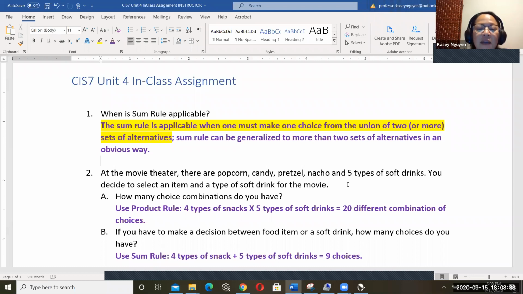So that means that we would take 4 types of snacks times 5 types of soft drinks, which gives us 20 variations in our choices. So you can have popcorn and a Coke, candy and a Sprite. In many variations, as you can see, we come out to have 20 different combinations of choices. Okay, any question?